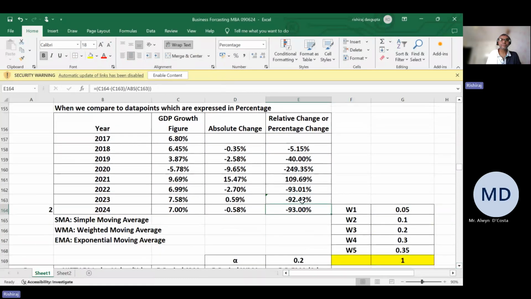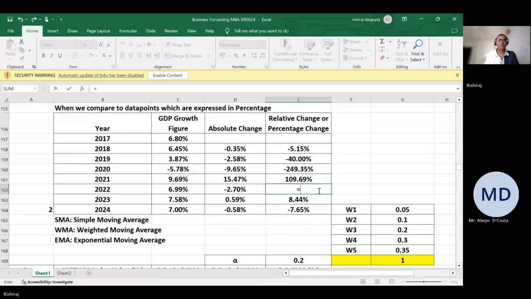This is a positive change. 7.58% minus 6.99%, divided by 6.99, is 8.44% up, and this is again a drop. So this is 6.99% minus 9.69%.